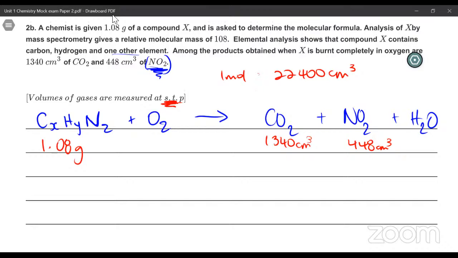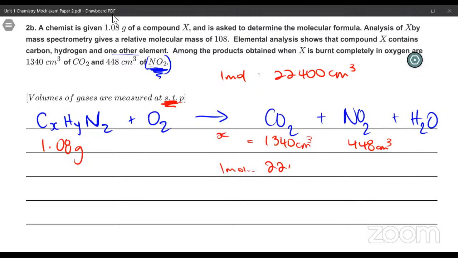So if we know 1 mole is equal to 22,400 cm³, how many moles would be in 1,340 cm³ of carbon dioxide? That's what you want to find out. I just say x moles, and 1 mole is equal to 22,400.